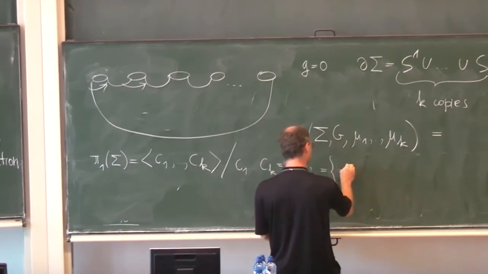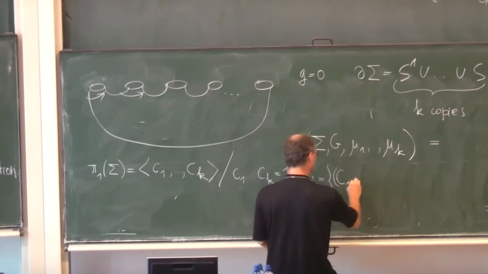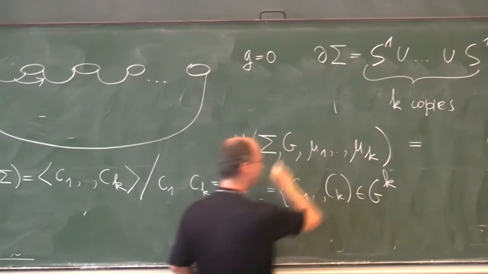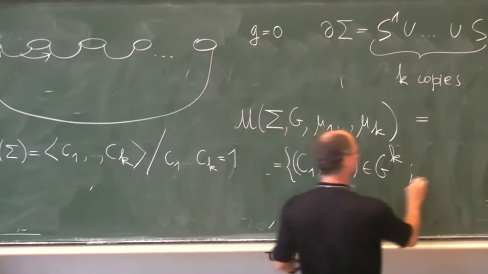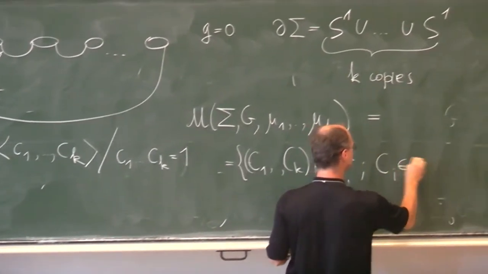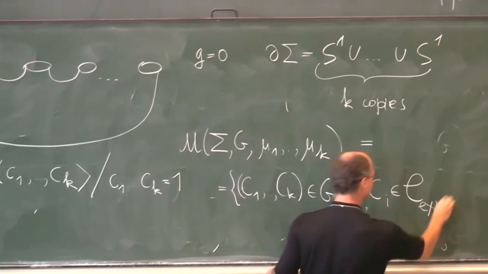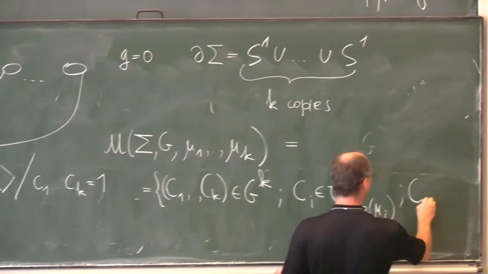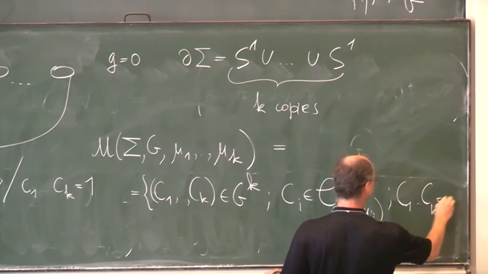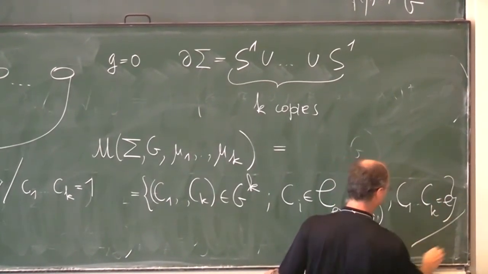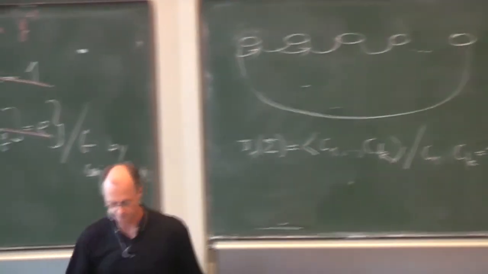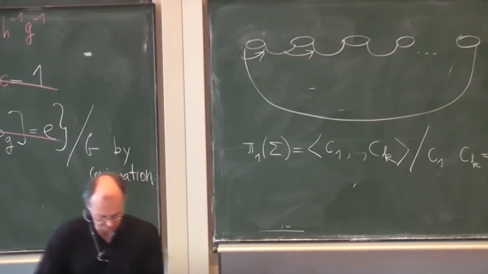These are k-tuples of elements of G, C_i sits in the conjugacy class of the exponential of mu_i, and their product is equal to the group unit, and it's all divided by G.